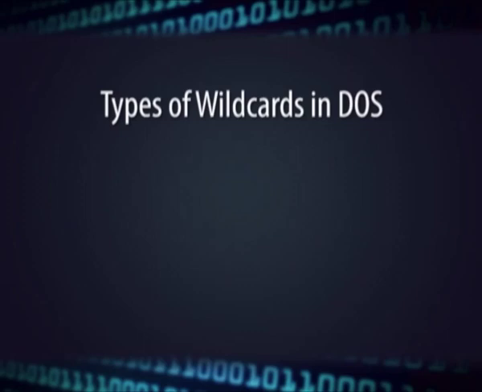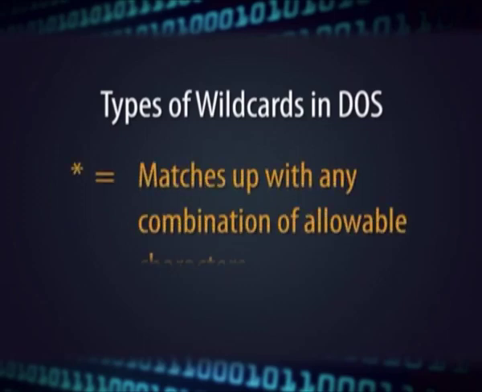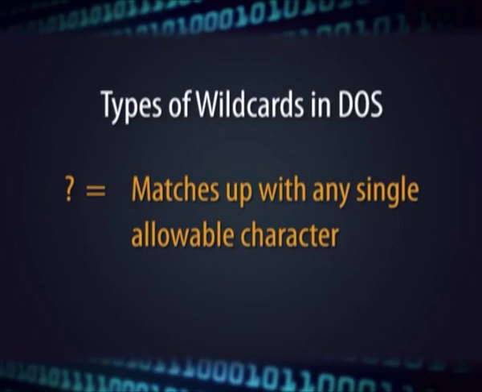DOS wildcards are characters that can be used to match up unknown characters in file names. There are two wildcards in DOS. Asterisk means matching up with any combination of allowable characters. Question mark matches up with any single allowable character.